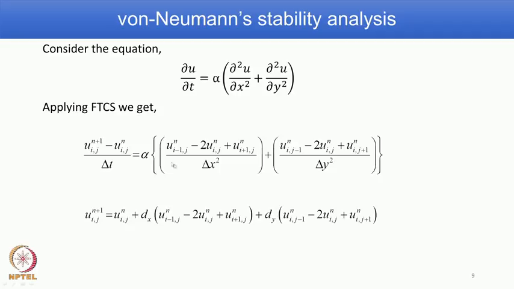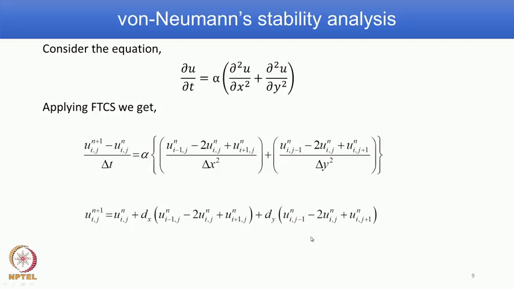So, for each term, for example, the first term, for the second derivative in the x direction, alpha delta t by delta x squared is renamed as dx. Similarly, alpha delta t by delta y squared is named as dy. So, you get the final expression as shown here.